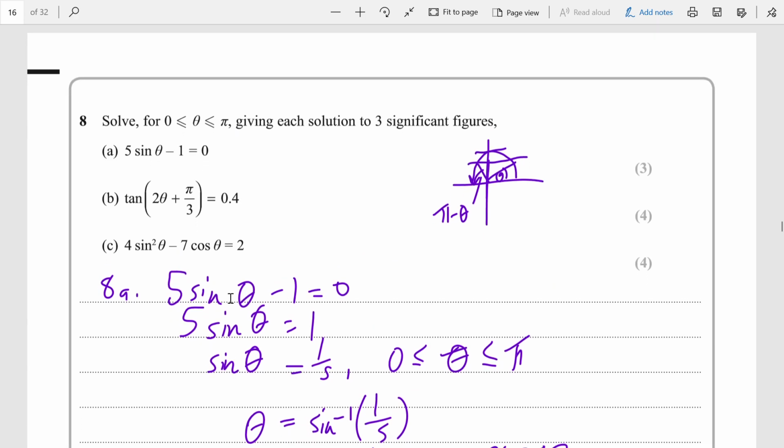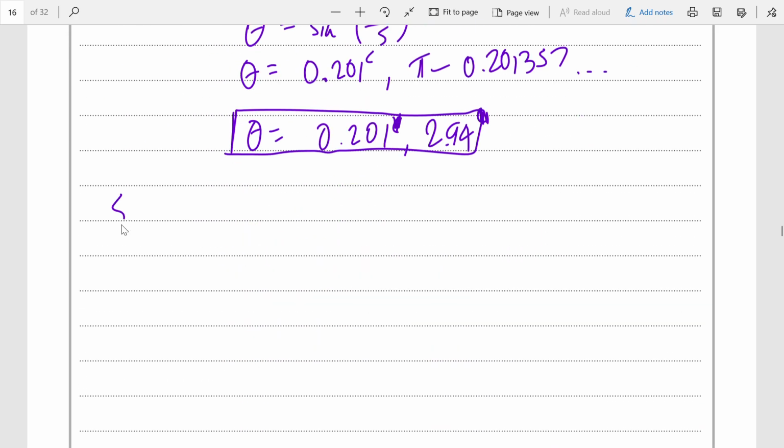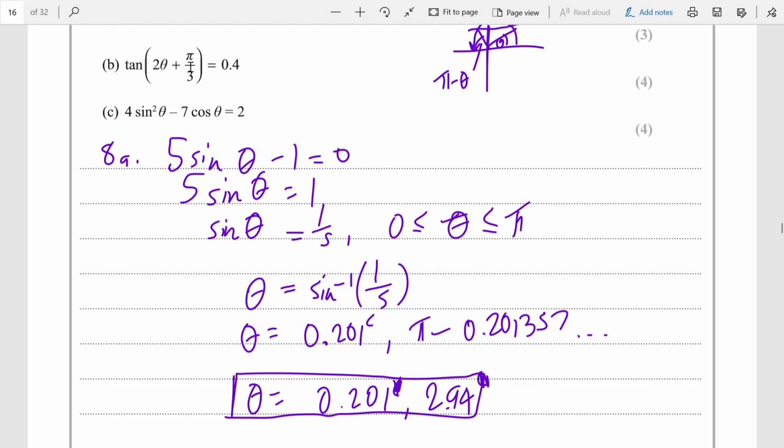Right, secondly, tan of 2 theta plus pi over 3 is equal to 0.4. Like I detailed in one of the videos in my Learn Trigonometry series, the first thing to do here is evaluate what actual interval of the angle in the brackets we are looking for.